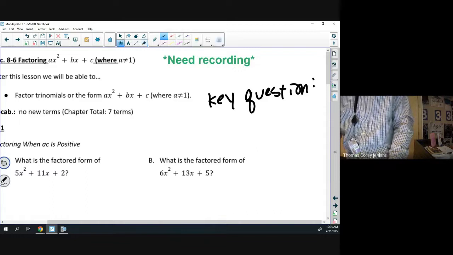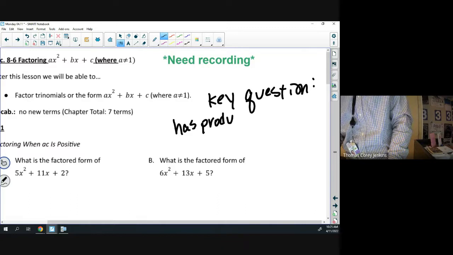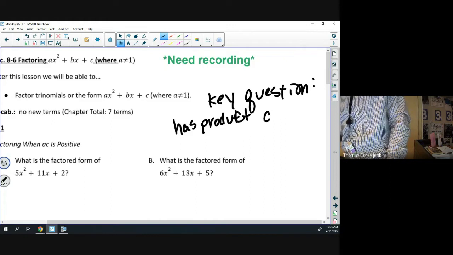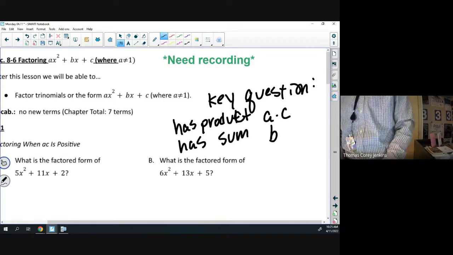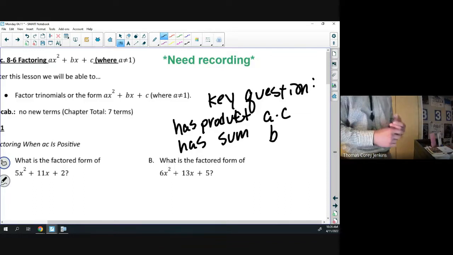Let's just say: has a product of A times C, and then has a sum of B still. Okay, so we look at A times C. Technically, you could say we did that in 8.5 because they were all like C times 1. But in 8.5, we just said has a product of C and has a sum of B, right? So you got to remember it's A times C, okay?